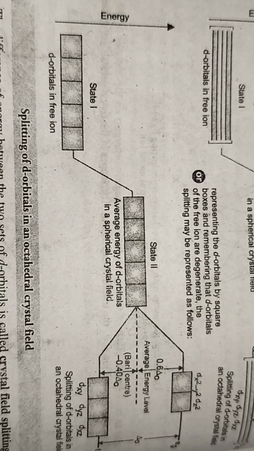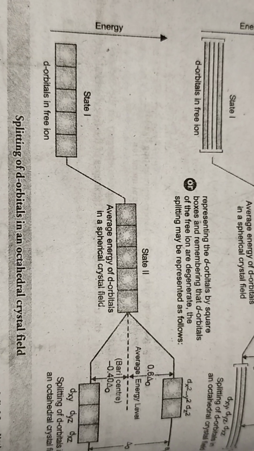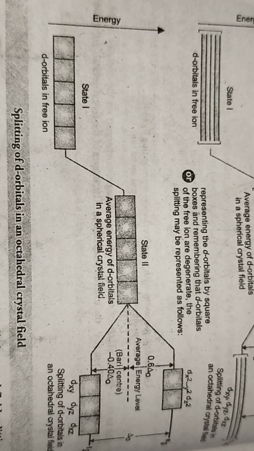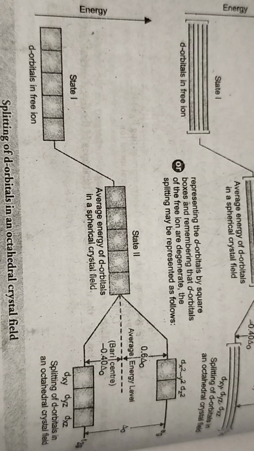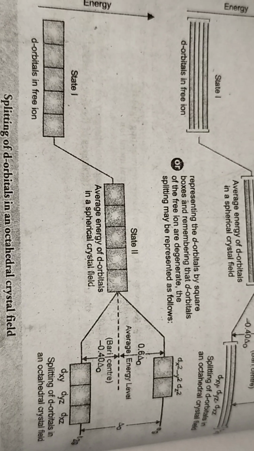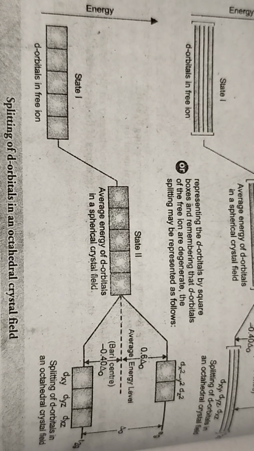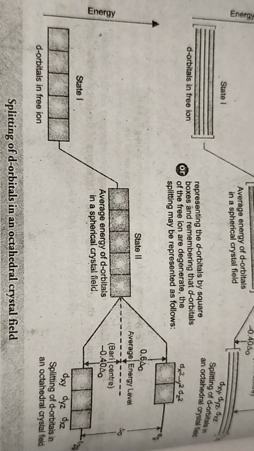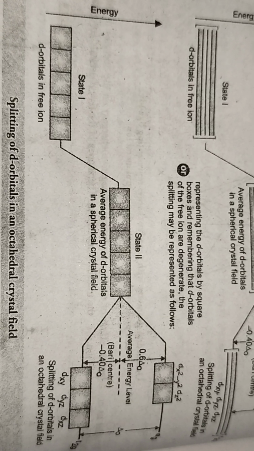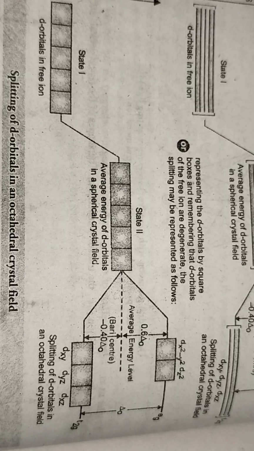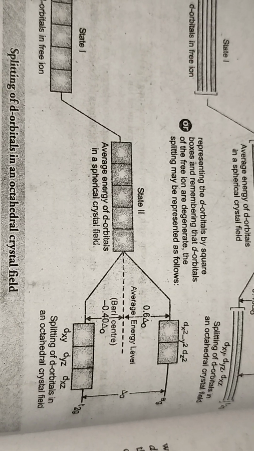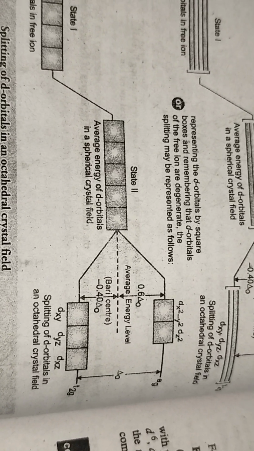Earlier, in the free ion state, there were degenerate five d orbitals, and when the ligand approaches the metal, the average energy of the d orbitals in the spherical crystal field rises, and finally, in the presence of ligands, it splits into two parts.